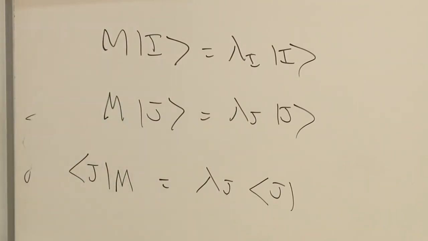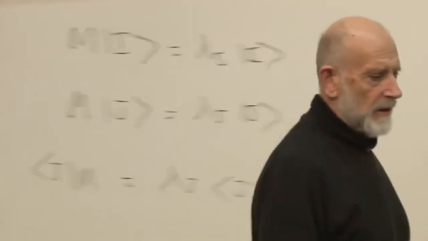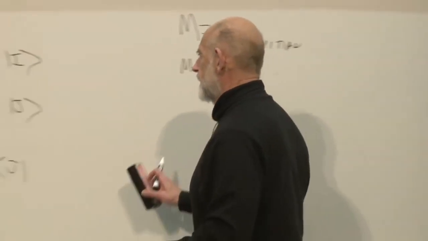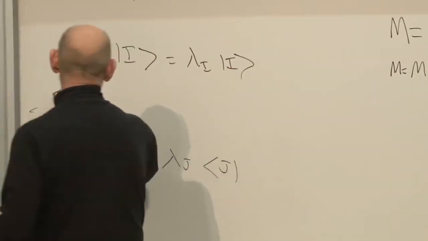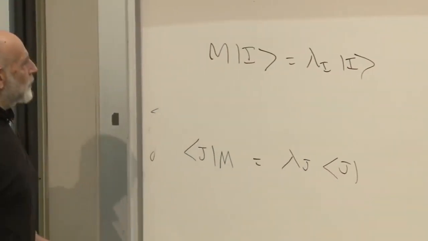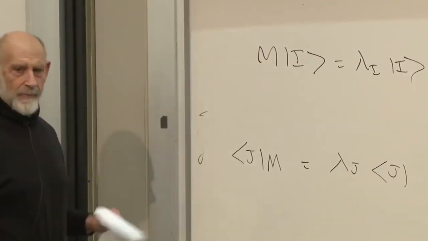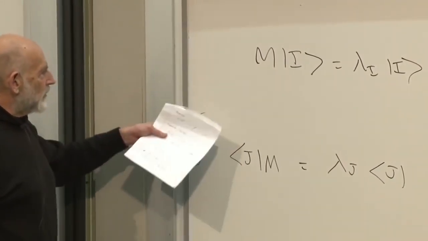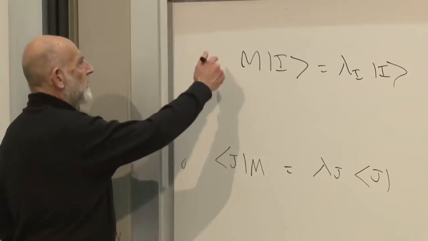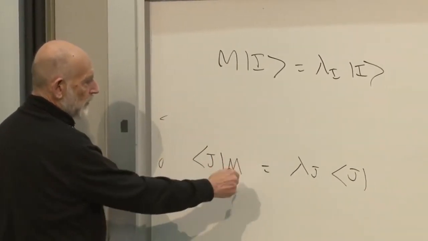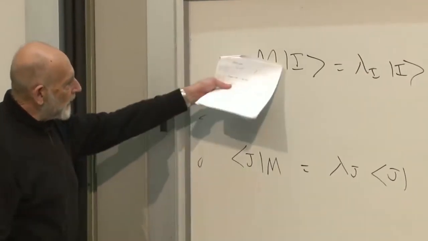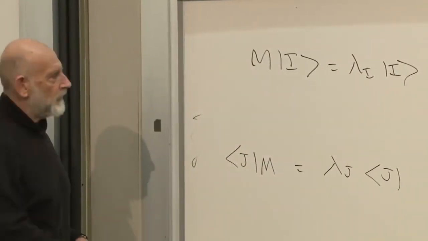Now we have two equations. What can you do to them so that we can relate them? What we can do is multiply this one by J on the left and this one by I on the right. And we will get the same expression on the left-hand side of the equation.